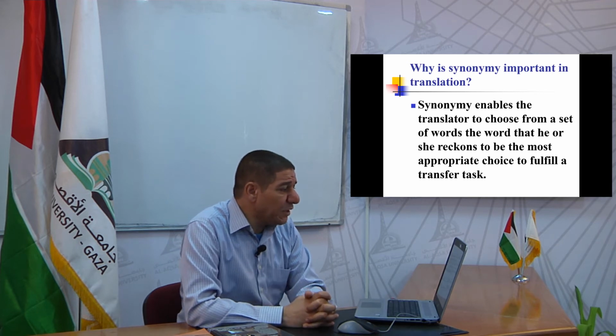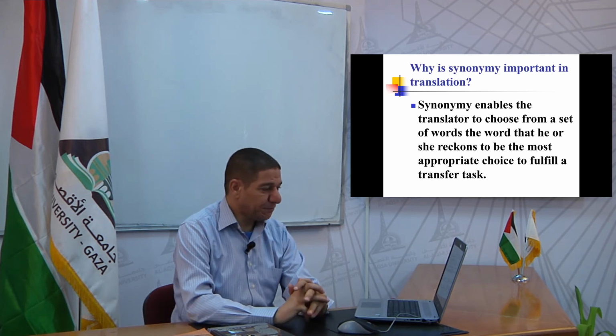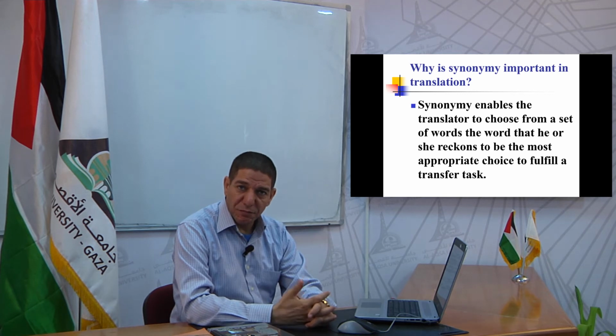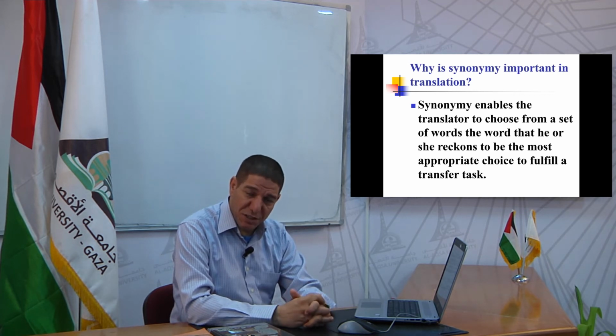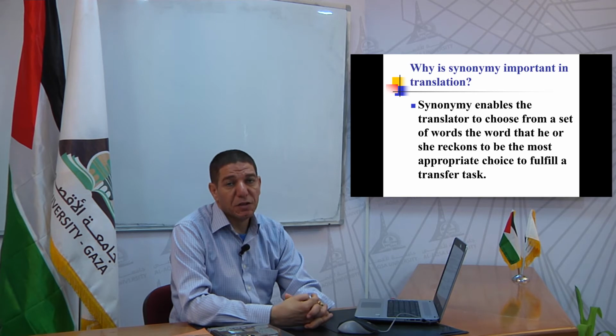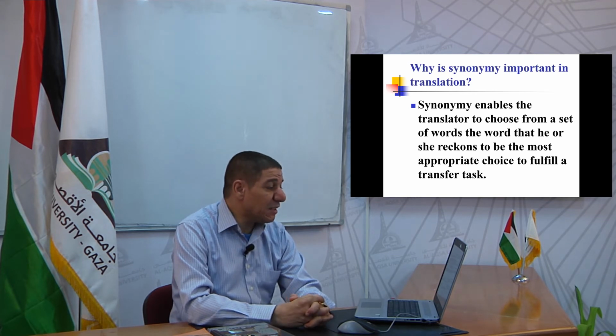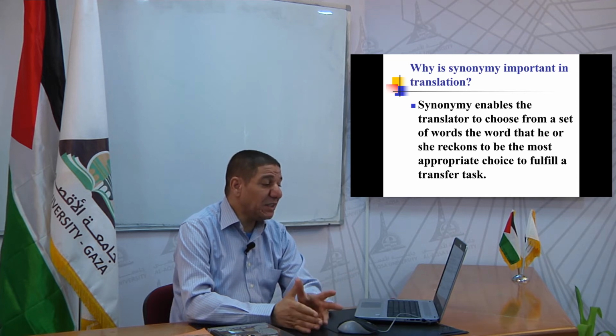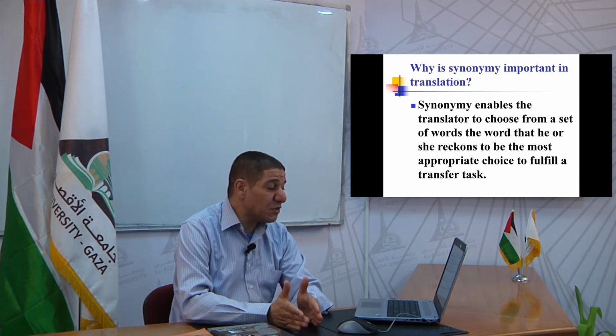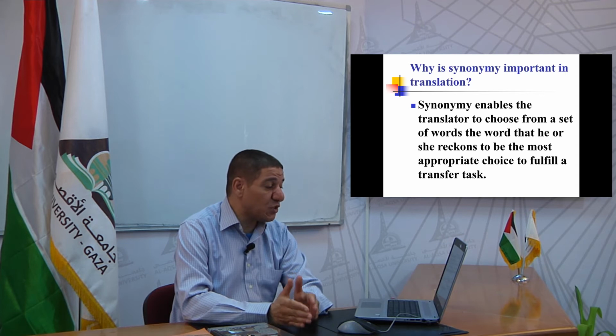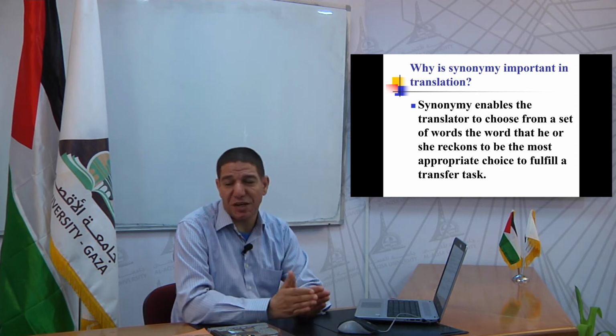Why is synonymy important in translation? In addition to what we have mentioned earlier in this class, synonymy enables the translator to choose from a set of words the word that he or she reckons to be the most appropriate choice to fulfill a transfer task.